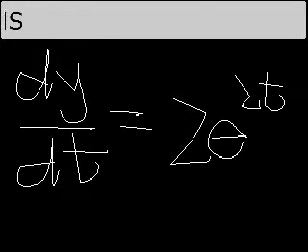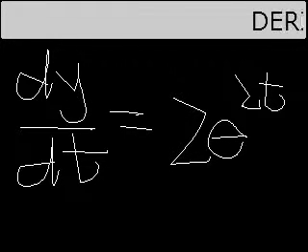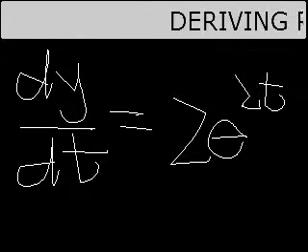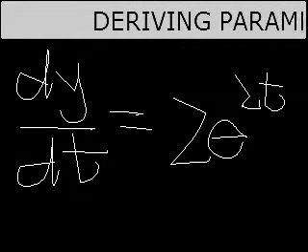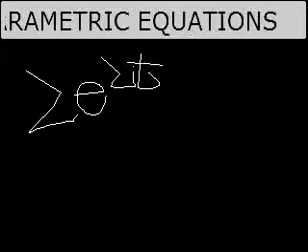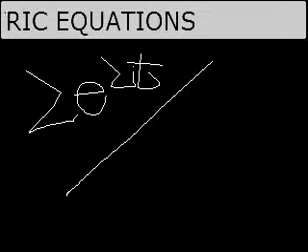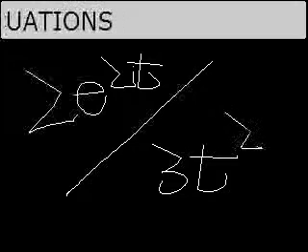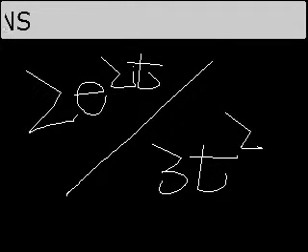And following the pattern of dy over dt all over dx over dt, you end up with 2e to the 2t over 3t squared. And that is the first derivative of the parametric equation.